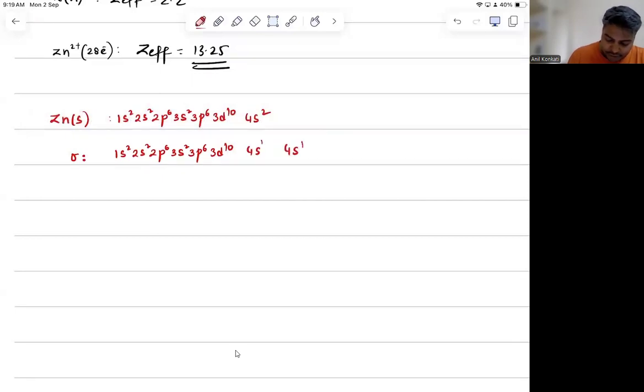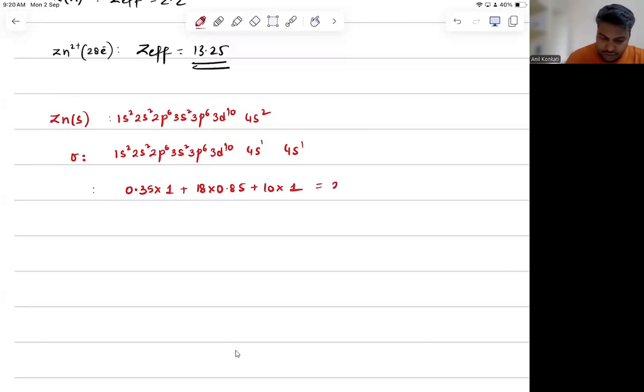Now how much will we have? There is one electron of the same unit, so 0.35 into 1, plus n minus 1, we have 18 electrons, so 18 into 0.85, plus 10 into 1. Let me calculate that and see. 0.85 plus 10 plus 0.35.